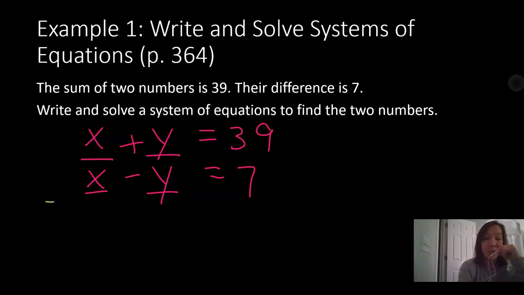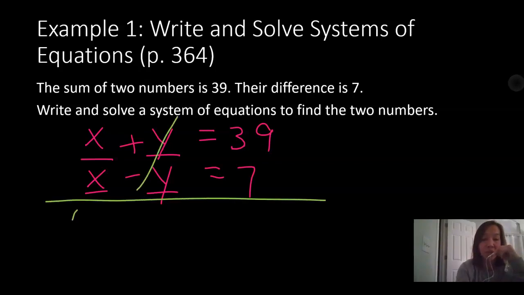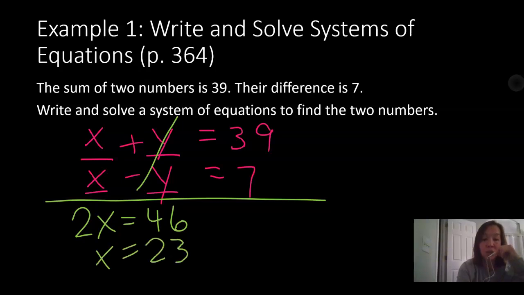I think elimination, because if I add these together, Y cancels out, and 2X equals 46. So X equals 23. But remember, we can't just find X, we have to find Y. 23 plus Y equals 39.